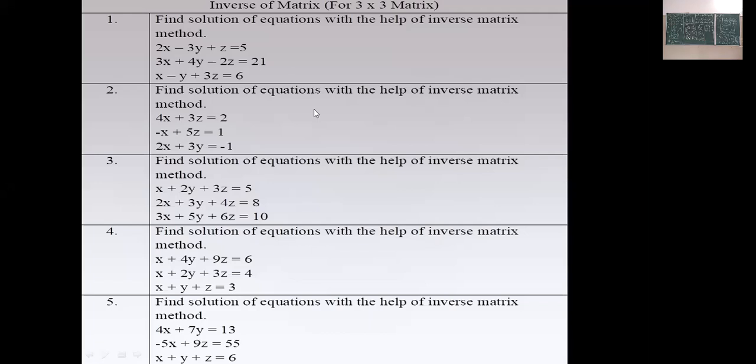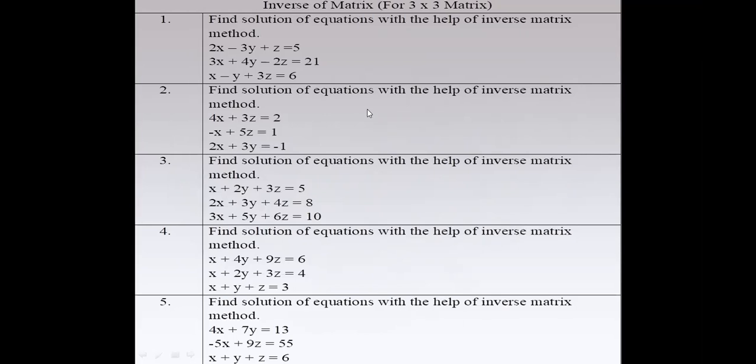So how can we solve this type of equation? Now I will teach you how to prepare the matrix when some variables are missing in the equation. So mind well, when 2 equations are given, you have to follow the 2 by 2 matrix method, and when 3 equations are given, you have to follow the 3 by 3 matrix method.